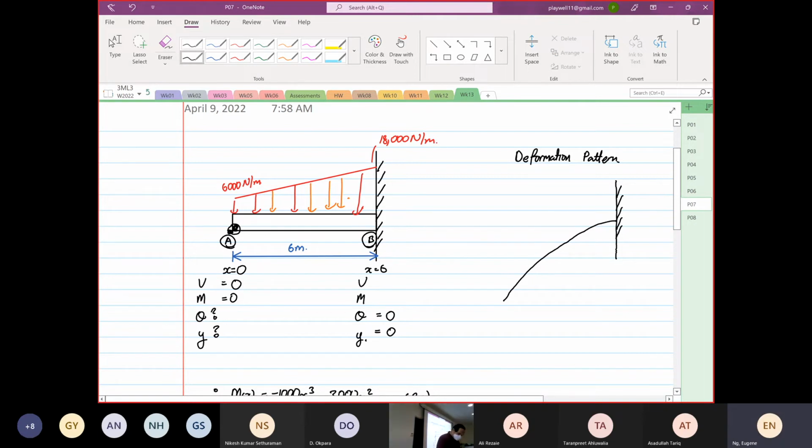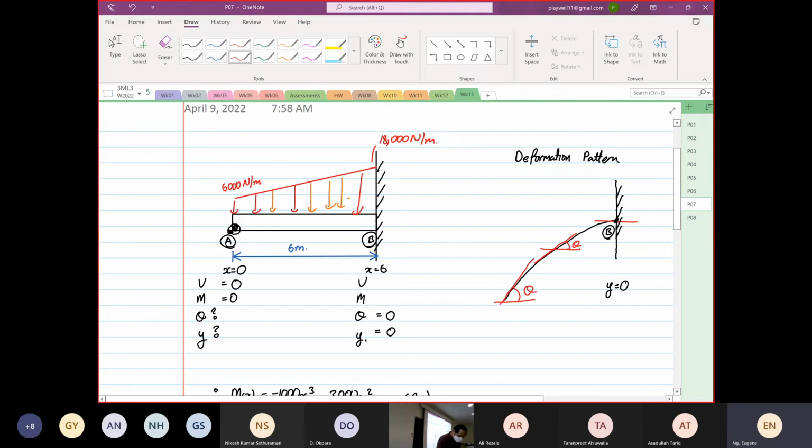So we know the displacement at point B, Y is equal to 0 because it did not move. The slope, if we were to draw a straight line, this is how we determine the slope, the tangent. All these have theta.